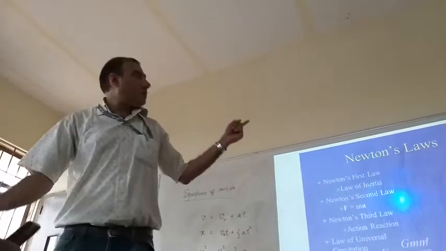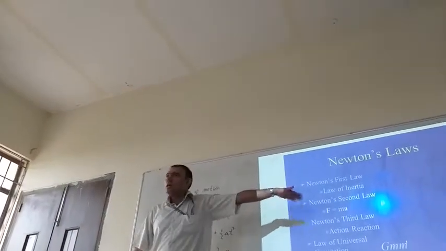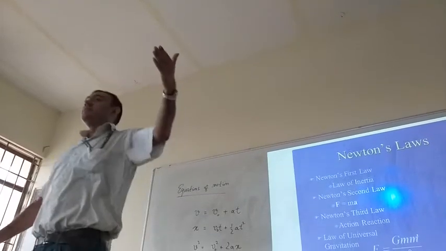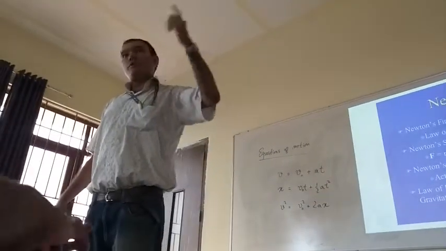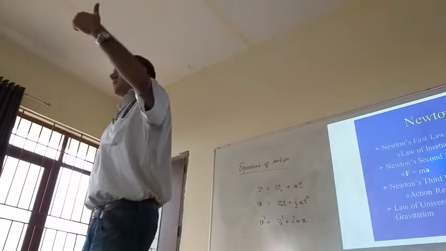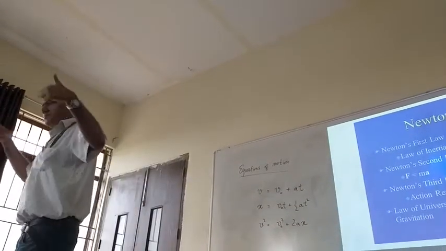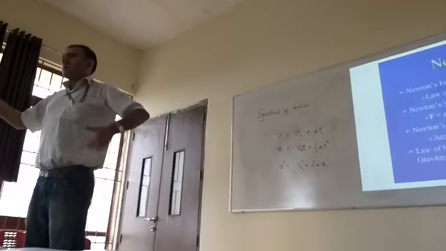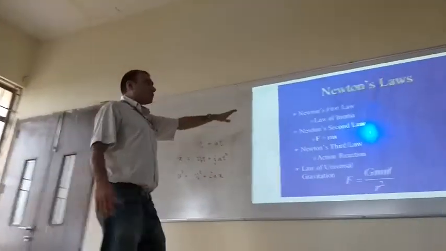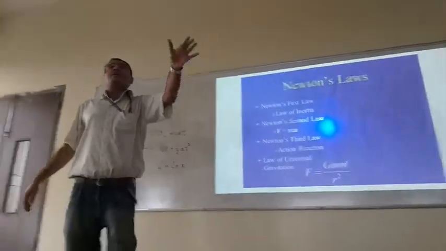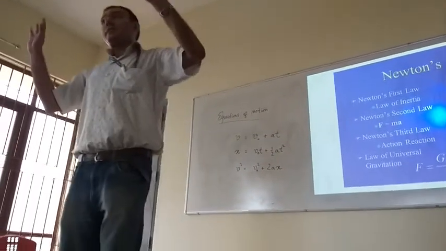So the first law, also known as the law of inertia, is basically a qualitative definition of force. You can remember it this way. The first law gives you the definition of force. So all Newton's three laws basically talk of the nature and the quantification of this entity called force.